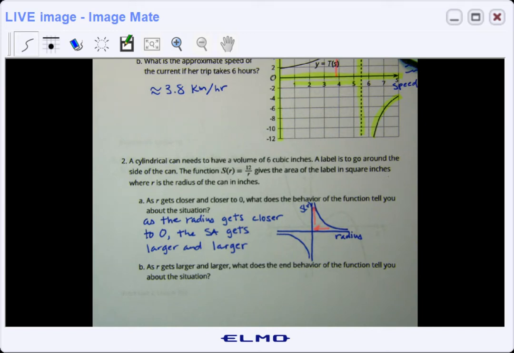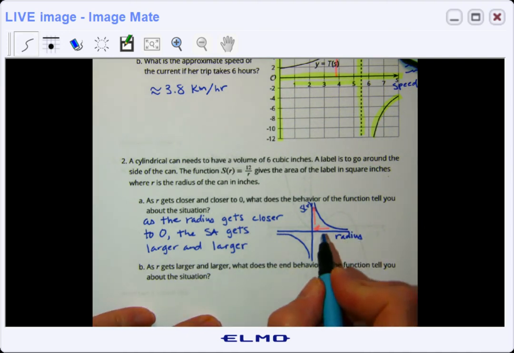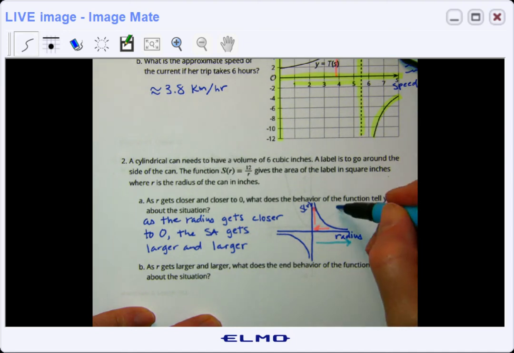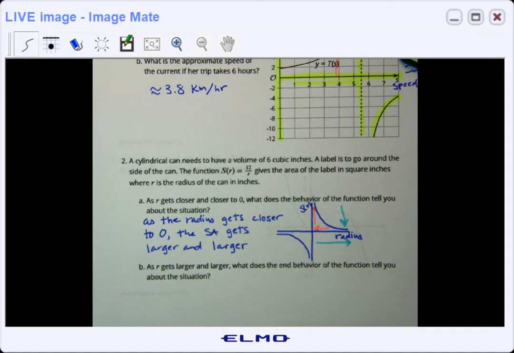And then the second part of the question is asking about in the other direction. As the radius gets larger and larger, what's happening to the surface area or the area of the label is it is getting smaller and smaller and actually approaching, but not reaching, 0.